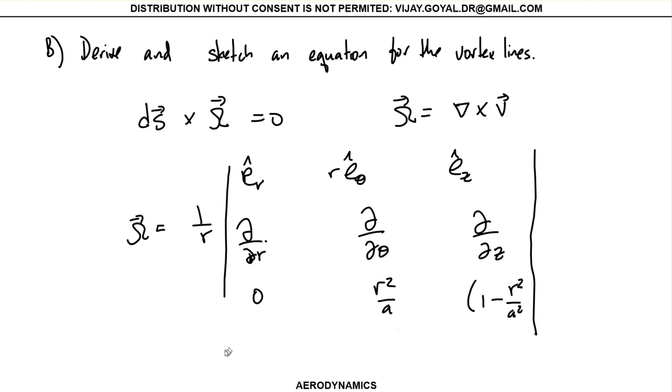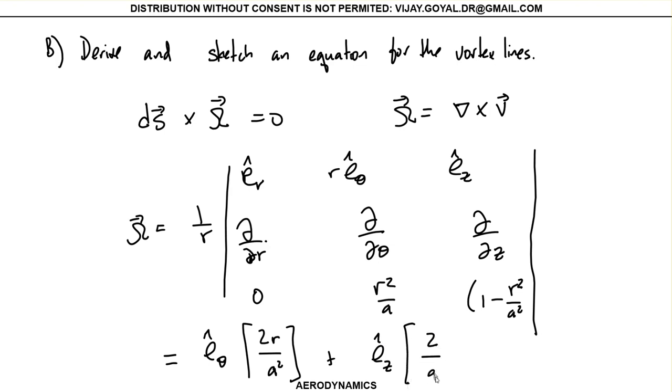Okay, and this whole thing, after you evaluate it, gives you the following two terms: A squared plus EZ times 2 over A. Okay, so this is what you're getting. I want you to know that in this particular case, instead of only having a purely Z direction, you also have a theta direction. And that has to do a lot with the force with which this is actually rotating. Okay, but so we have this.